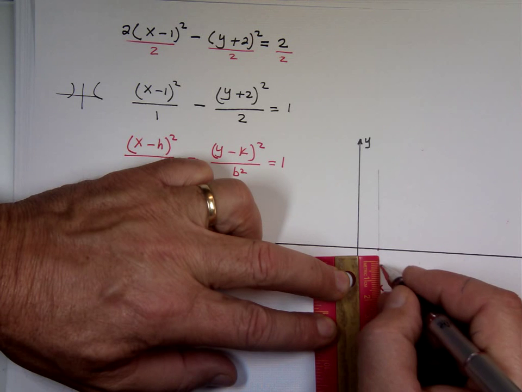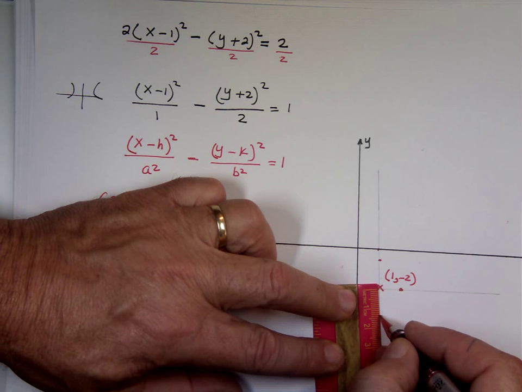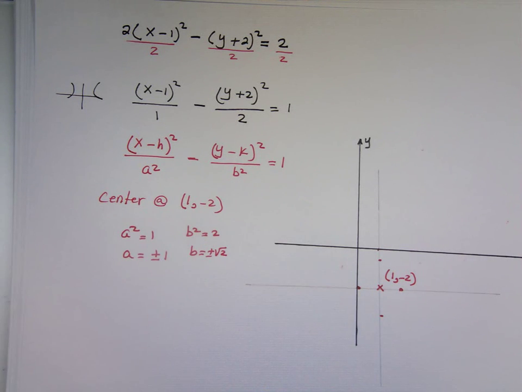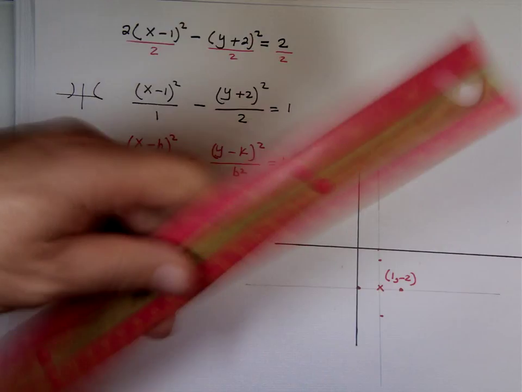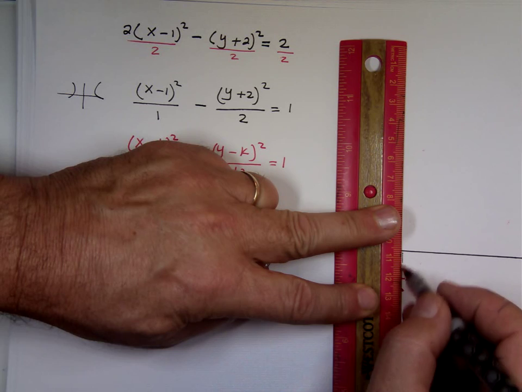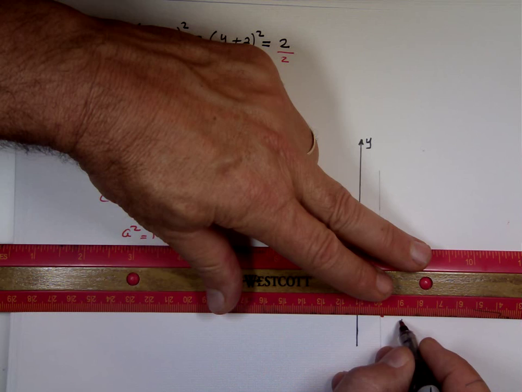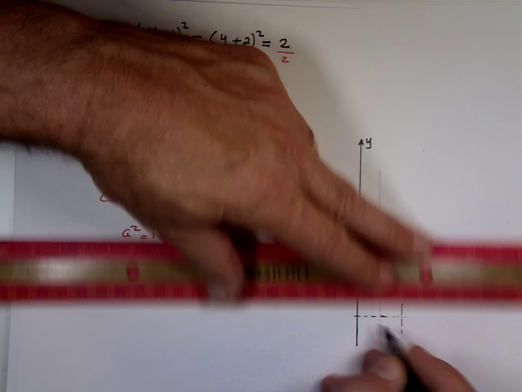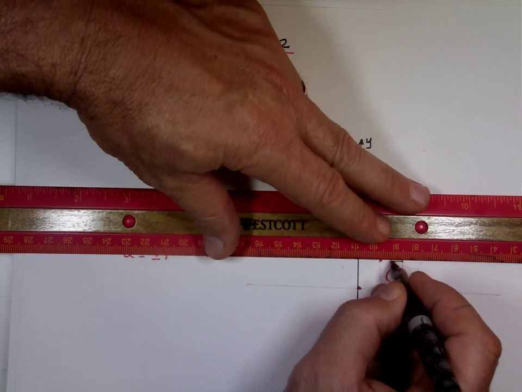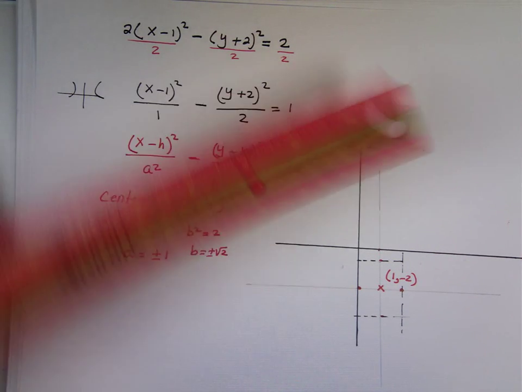That's right here, 1.4 right here. So let's make our fake box here. There's my box. Right? So let's make it go diagonal through both of these. Here we go, diagonal line.